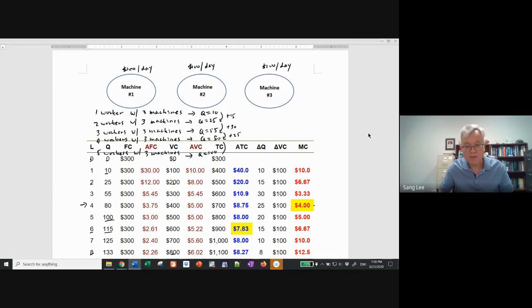But this time, even when you add another worker, number 5 worker, total output increases, but the increase in output is smaller than before. This time, output increases only by 20. It's not because number 5 worker is slacking or lazy. It's simply because you combine a greater and greater number of workers with a fixed number of machines.